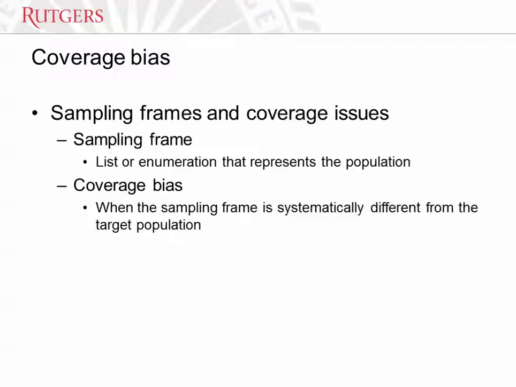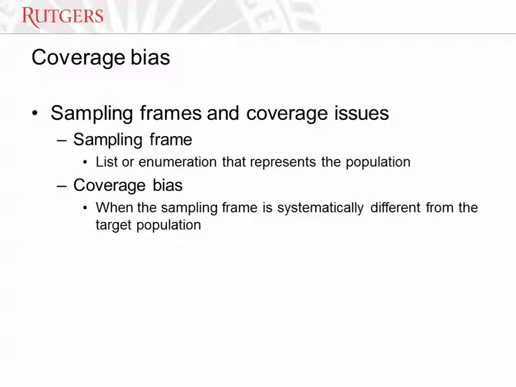So I mentioned that there's a need in most cases for a sampling frame, a list, a map, an organization that represents a population, and that sampling frame may or may not cover the whole population. And that's called a coverage bias, when the frame does not cover the population adequately.